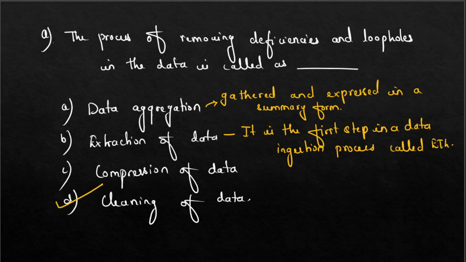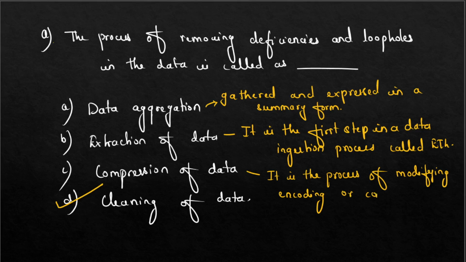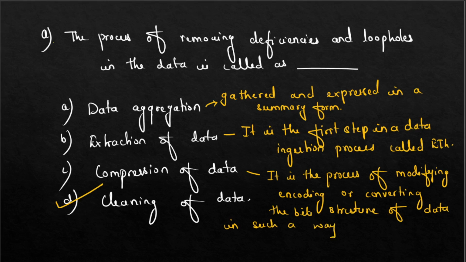The next thing is data compression. Data compression is nothing but the process of modifying, encoding or converting the bits structure of data in such a way that it consumes less space on disk.